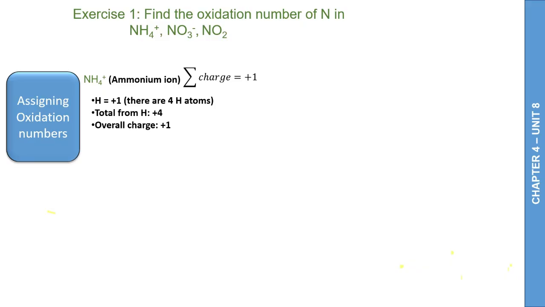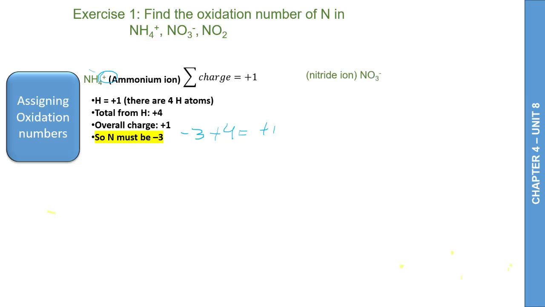Overall, the charge is +1. So nitrogen must be -3, because +4 - 3 is +1. So it's equal to the sum of the charge. Got it? That is the charge that we see on our polyatomic ion.